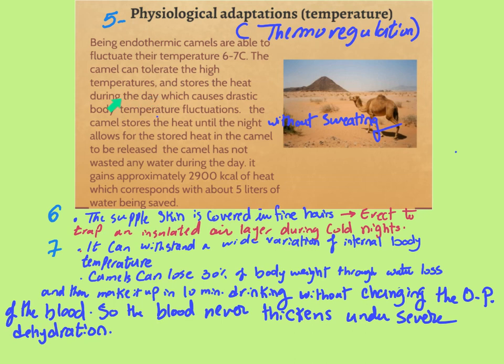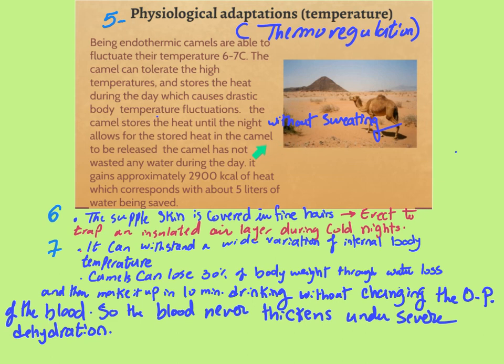Celsius. Camel can tolerate this high temperature change and store the heat during the day, which causes drastic body temperature fluctuation. The camel stores the heat until night, so it allows the stored heat to be released to the outside by radiation without losing water in much sweating.